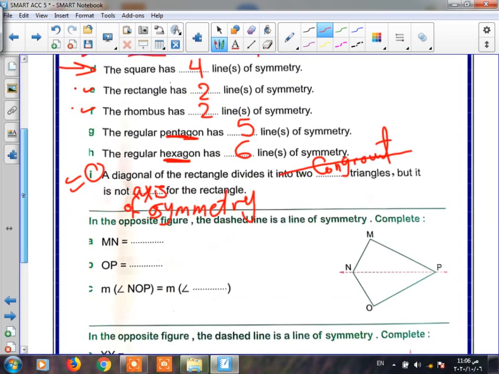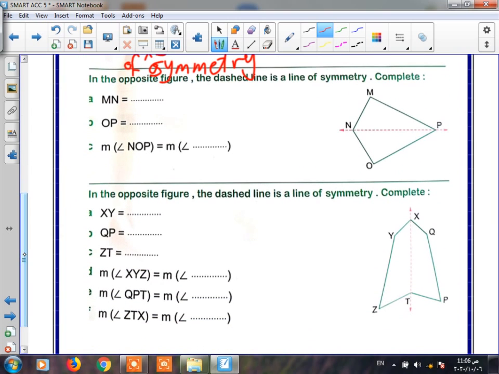Okay? Let's solve some questions like MN equal to dot, OB equal to dot, measure of angle NOB equal to measure of angle dot. Here MN, look, when I flip this triangle down over NOB, here I can find that MN is congruent to NO, the same.